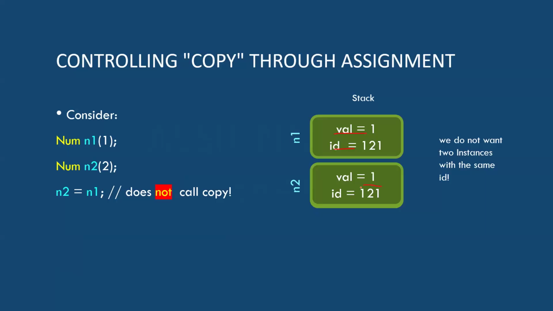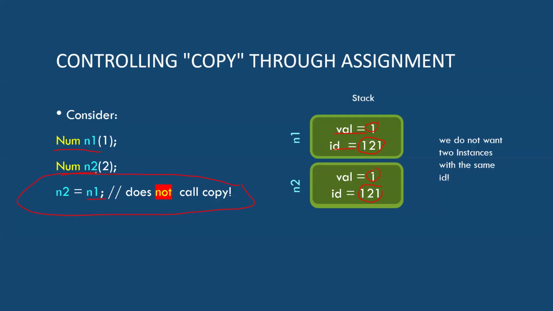And now we've got a problem, right? We have two students with the same Moodle ID. That's not good. I might have wanted the same grades as somebody, or maybe if it's a car, I like your red car, so I want my car to be red, but I don't want the VIN numbers to be the same. So that's not a copy constructor, that's an assignment operator, because this already existed and this already existed.